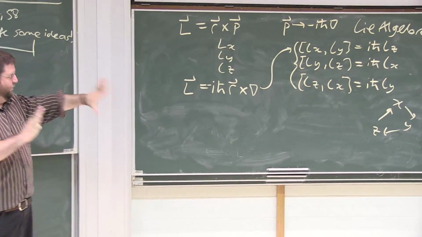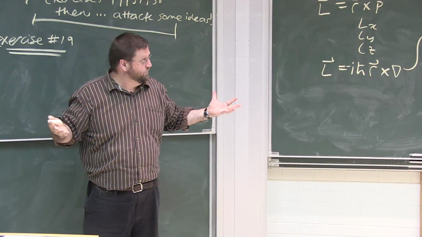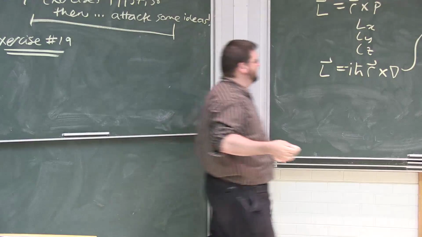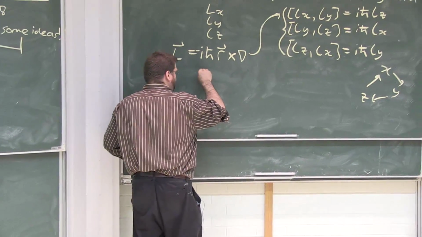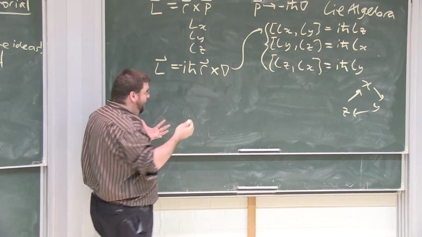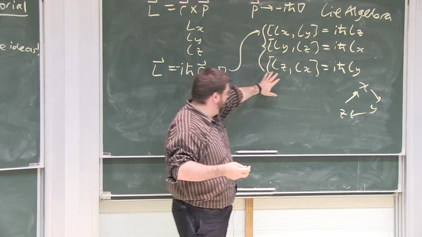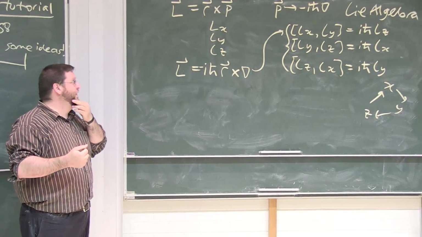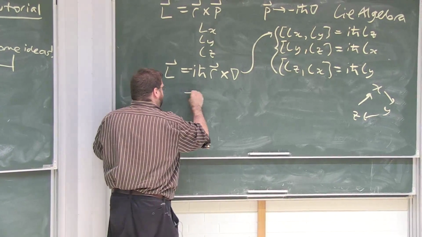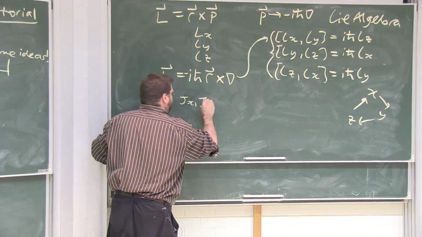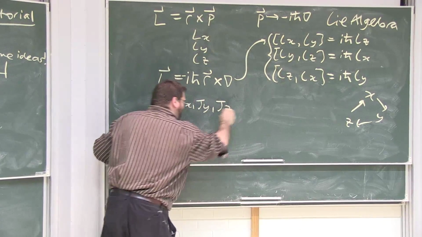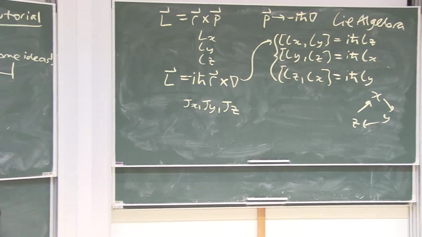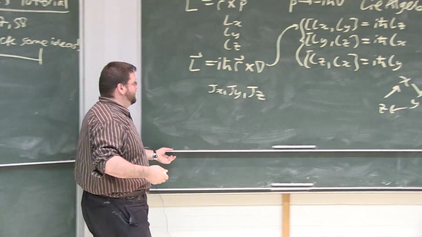We then say that these relations were obtained for orbital angular momentum. But if we replace the L's with the J's, and these operators are Hermitian, as they must be for quantum mechanics, we then said, suppose I give you any set of three linear Hermitian operators in quantum mechanics, Jx, Jy, and Jz.